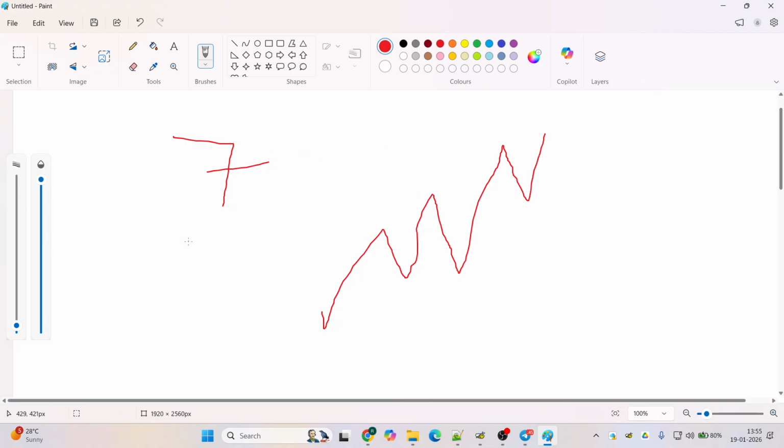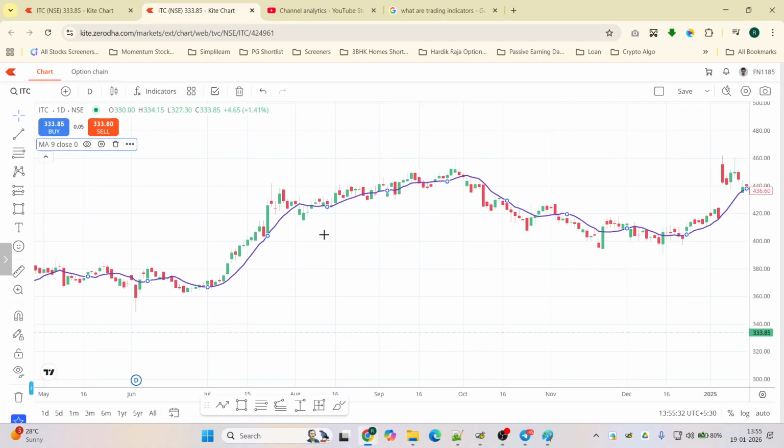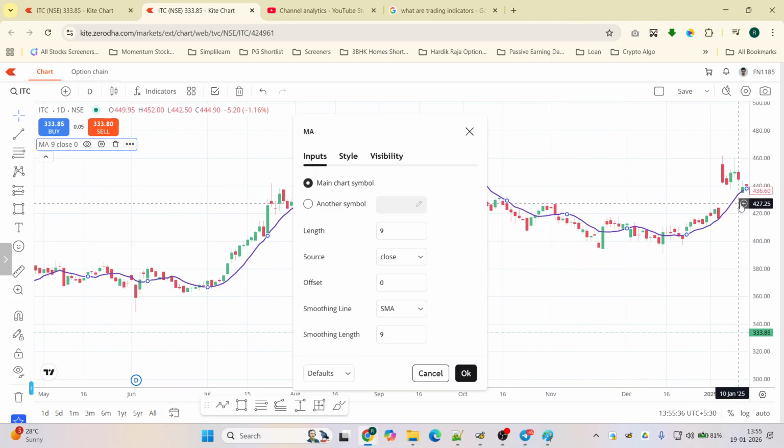Here, if I come back to this chart, it is 9, which means that from today, for the past 9 candles, this will calculate. It will keep on going 9 candles before, calculate the average and plot it as a graph. So suppose I click on 7 here.